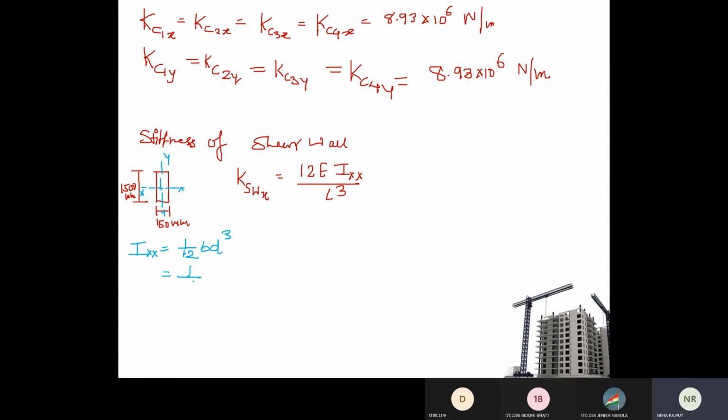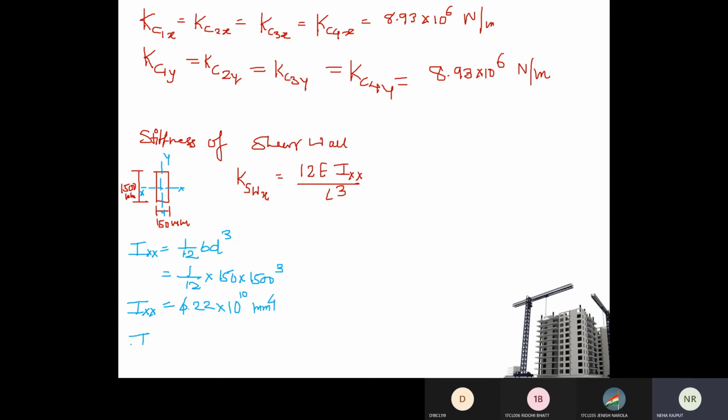So 1 by 12, what is b and what is d? So find out Ixx. 4.22 into 10 raised to 10 mm to the 4.